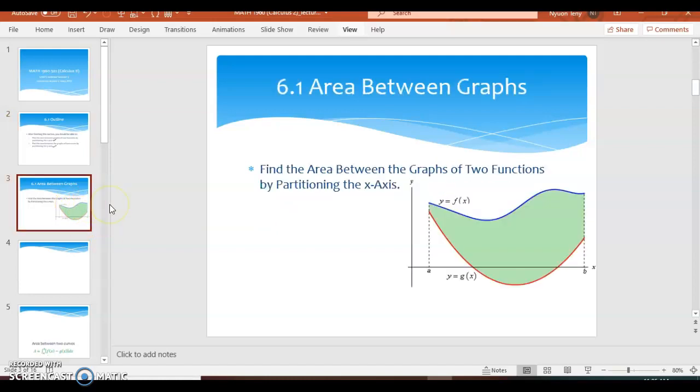Let's start. First of all, let's consider the subinterval.